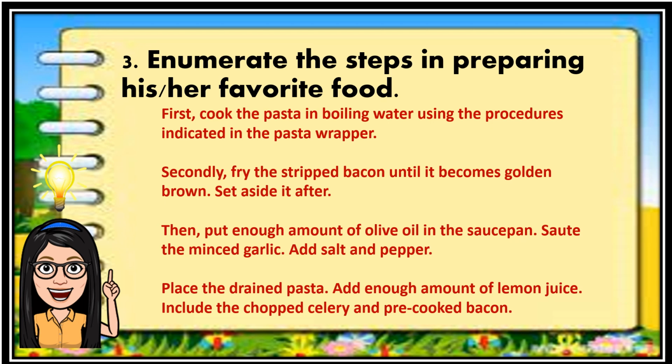Then, put enough amount of olive oil in the saucepan. Saute the minced garlic. Add salt and pepper. And the last one, we have place the drained pasta, add enough amount of lemon juice, and include the chopped celery and the pre-cooked bacon.